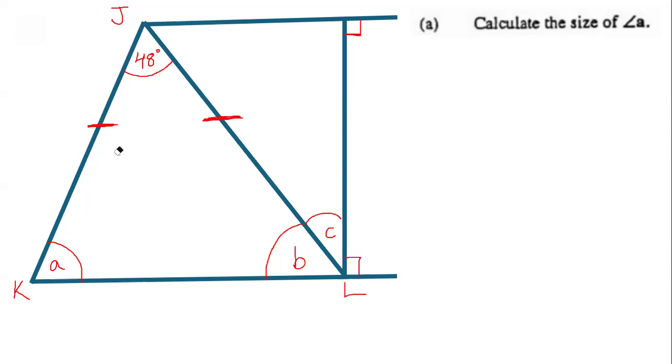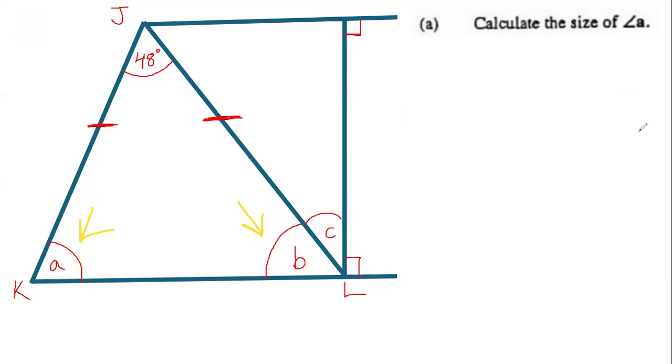Now, if the two sides are equal, we know the two angles are equal. So the two sides and the two angles are equal. We know that this is 48, right? So that means A and B must share the same angle, but they only ask us for angle A. So let's figure out what angle A is.